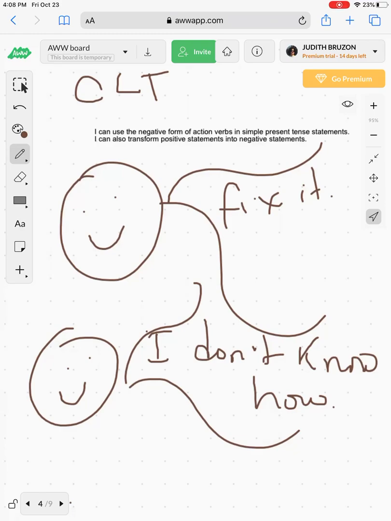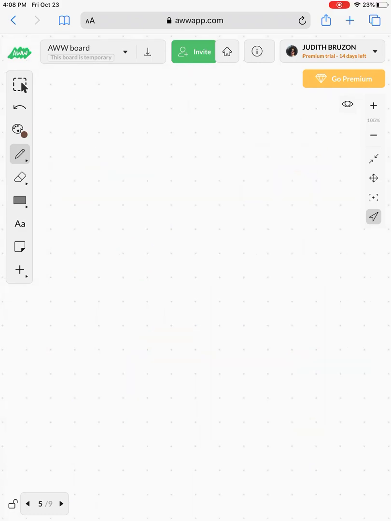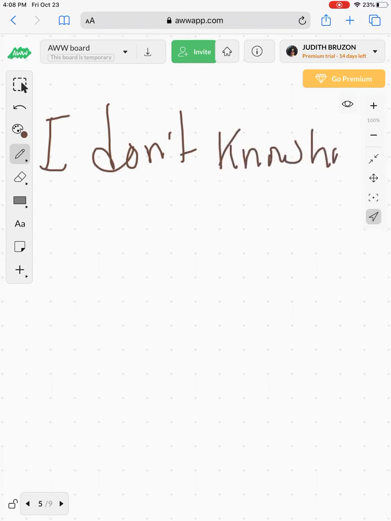So if you noticed, here we use the negative present simple tense. Now, you might be wondering, how do I know that it is the present simple? As you recall, okay, we use the present simple to talk about facts, right? So, in the above situation, my husband said, I don't know how, right?